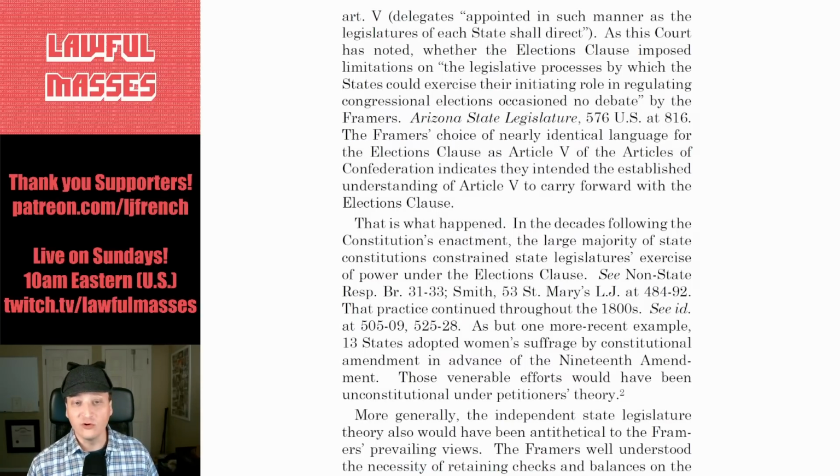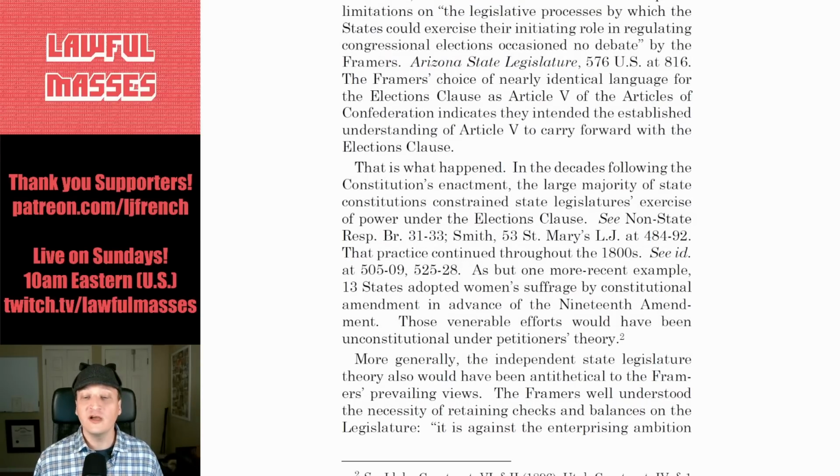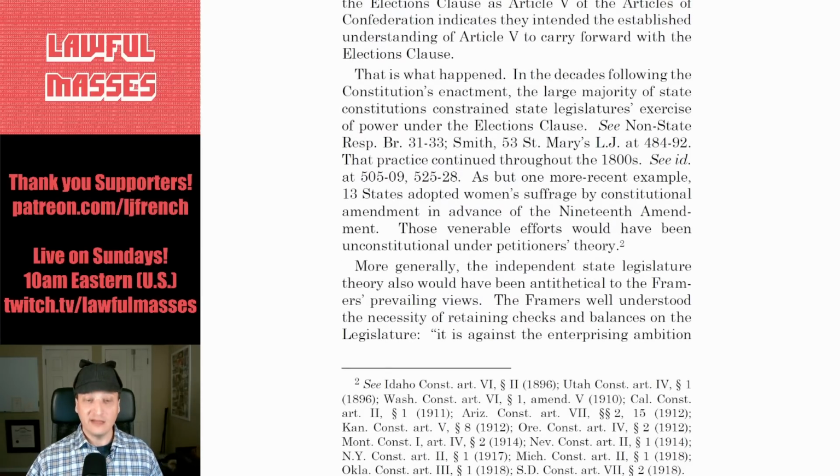As this court has noted, whether the Elections Clause imposed limitations on the legislative processes by which the states could exercise their initiating role in regulating congressional elections occasioned no debate by the framers. The framers' choice of nearly identical language for the Elections Clause and the Articles of Confederation indicates they intended the established understanding of Article 5 to carry forward with the Federal Elections Clause, and that is what happened.